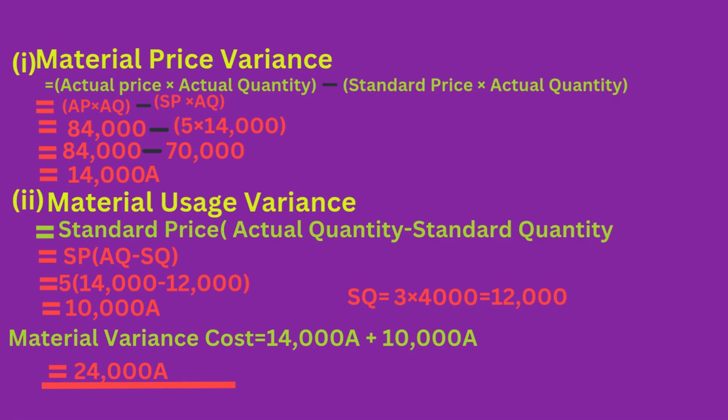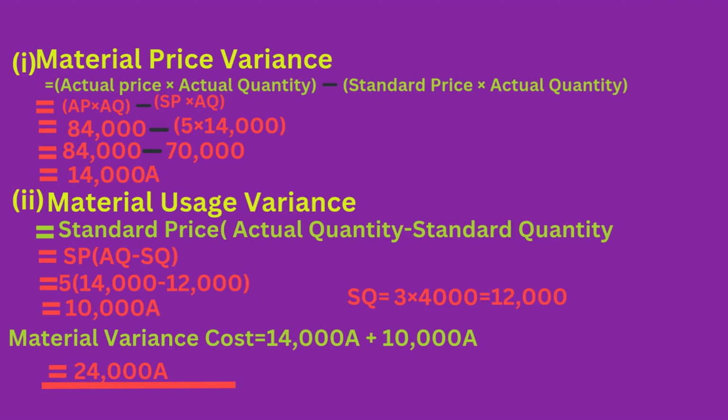Standard quantity, as I've done on the side, is equal to 3 multiplied by 4,000. 3 is the standard quantity that we have at 5 shillings per kg.